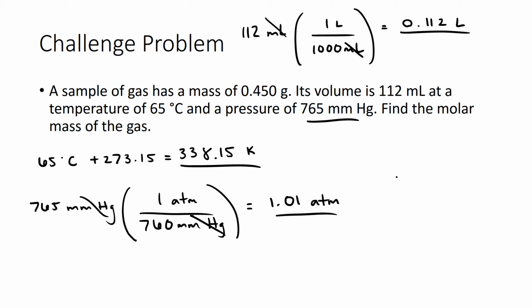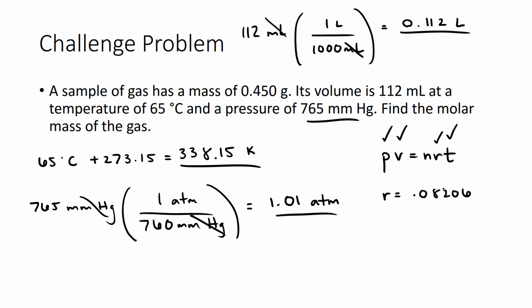The equation that we're going to be using here is PV equals nRT. We have the pressure, we have the volume, and we have the temperature. Now we also have R because that's a constant, where R is equal to 0.08206.